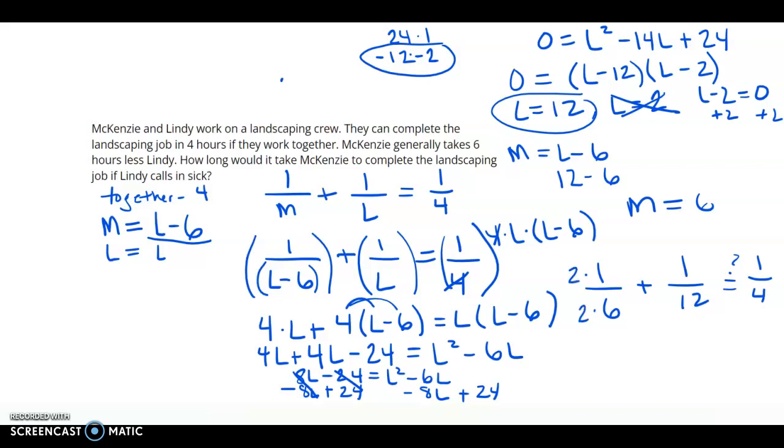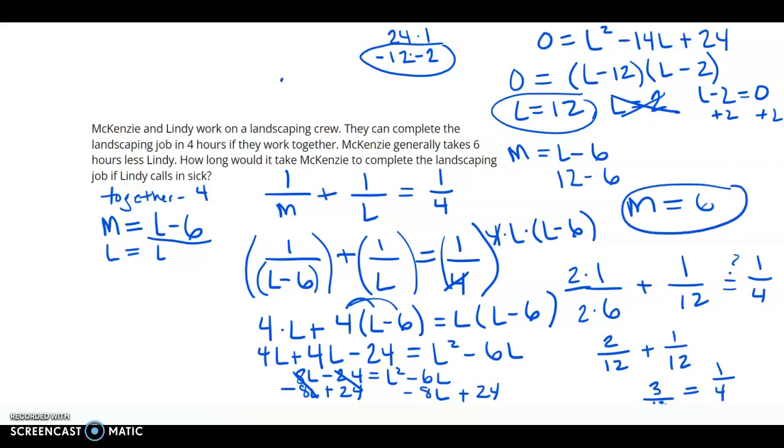So times 2 on the top and bottom, which works because it's really like timesing by 1, so it doesn't change the value. So here we get 2/12 plus 1/12, which equals 3/12, which does equal 1/4, and so we can see that works out.